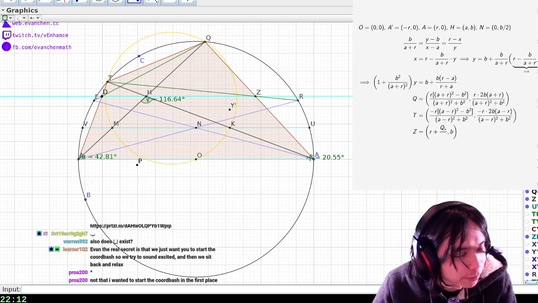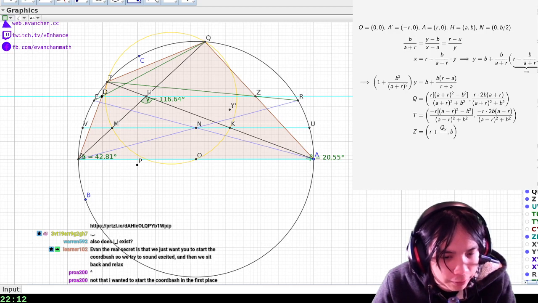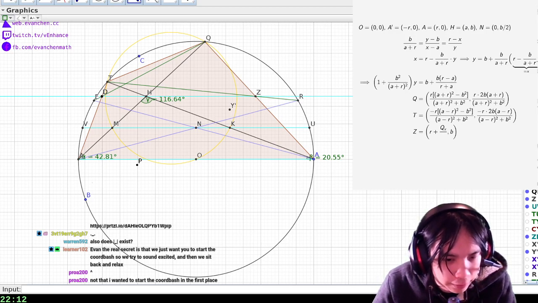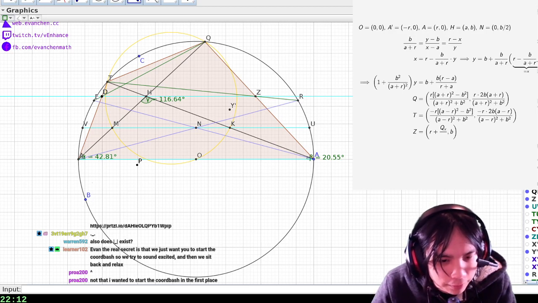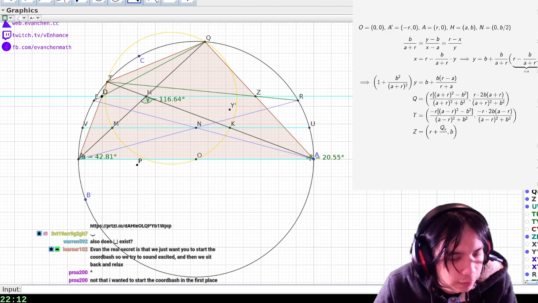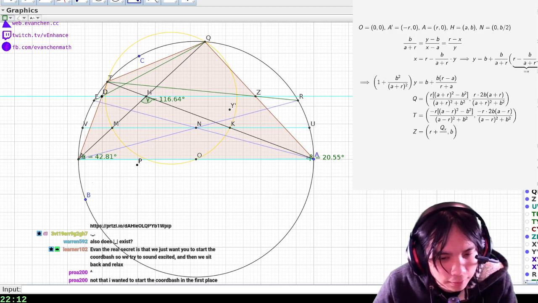Q coordinate of Y is the denominator. The B is this thing. And then Q of X minus R is what it should be.